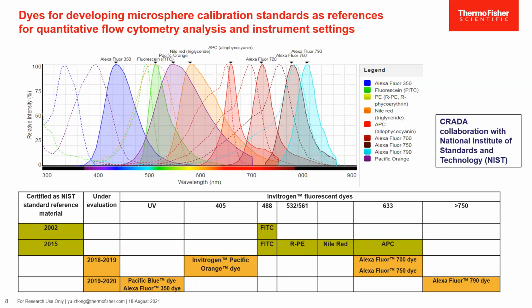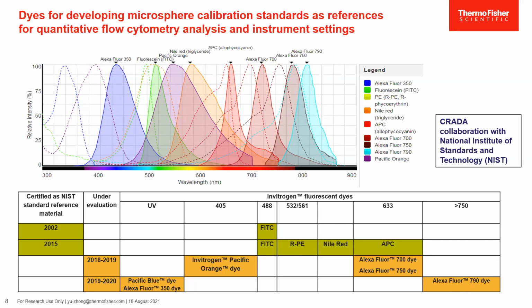We started by selecting FITC, the widely used fluorophore. Then we added more dyes to cover the spectrum. Recently, as you can see on the table, this year we introduced more dyes to add to the so-called NIST reference material.